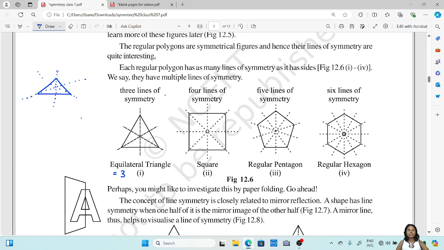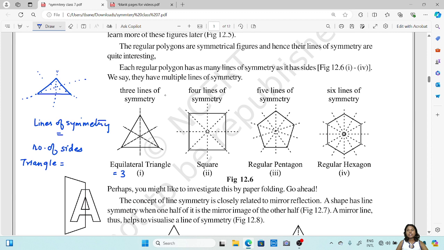Now see here, there is a square. For a square, we can have even more: 1, 2, 3 and 4. So basically what we can prove here is that the lines of symmetry are equal to the number of sides.